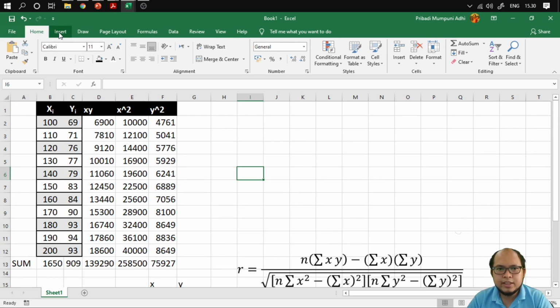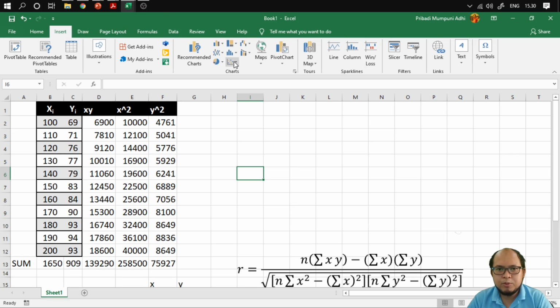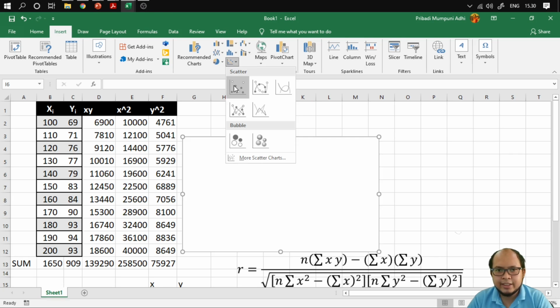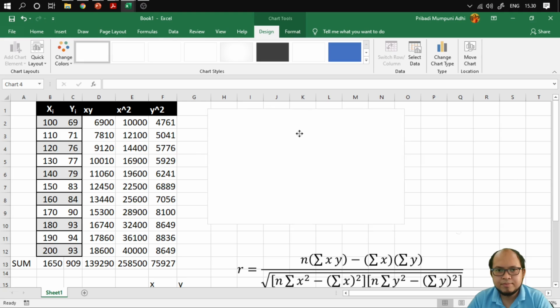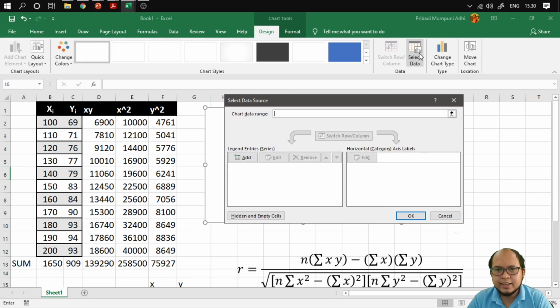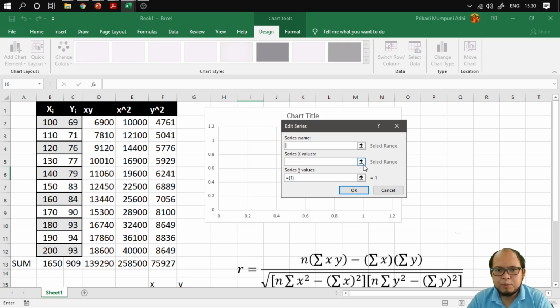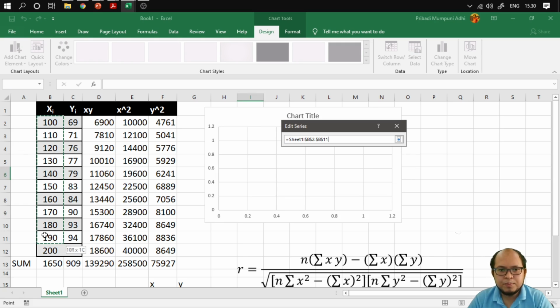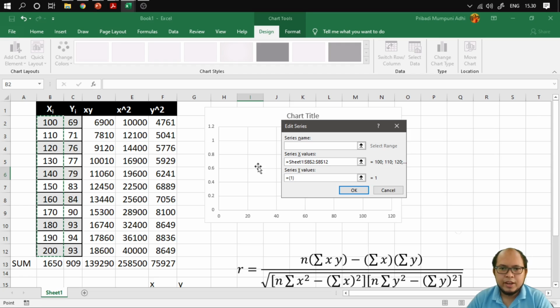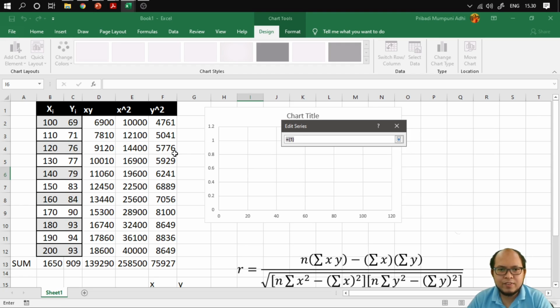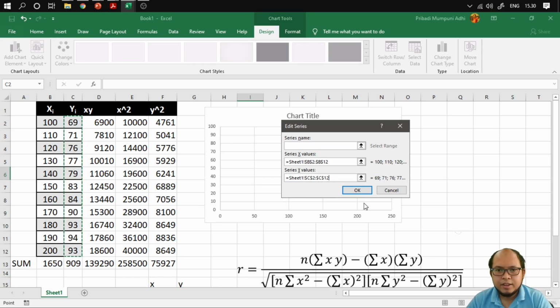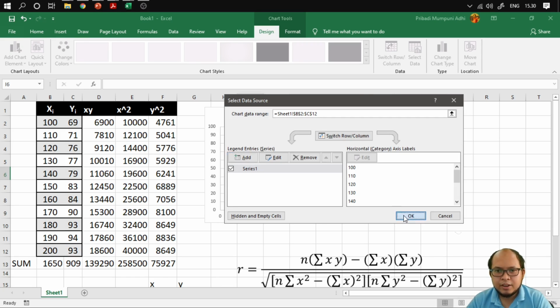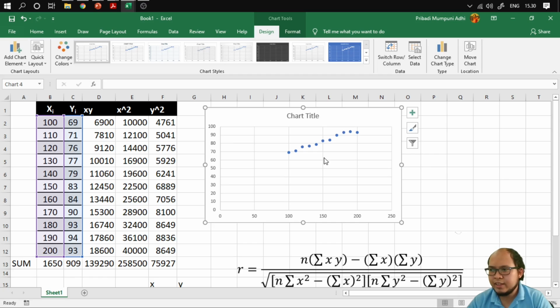We use insert and then choose the scatter data. After that we select the data, add, we put the x value, then we put the y value, okay, and okay. So we have this relation.